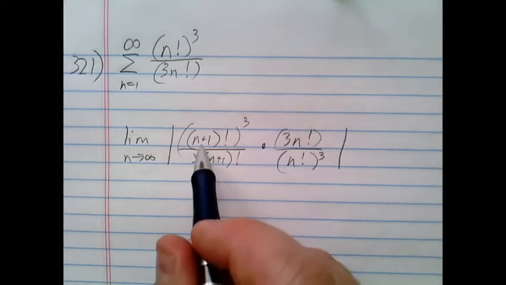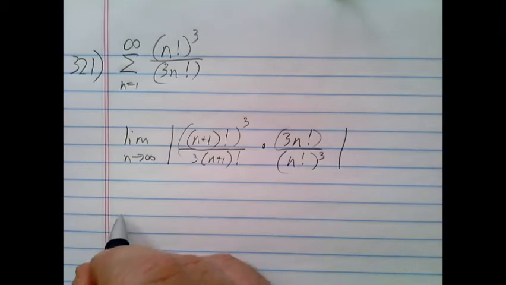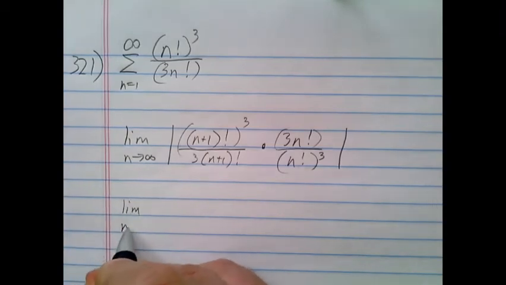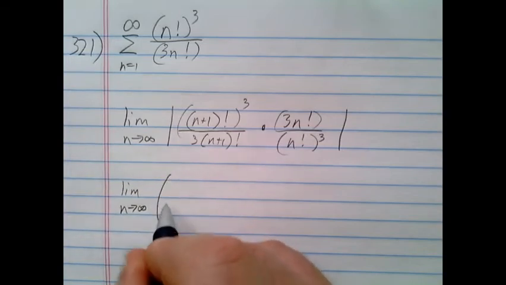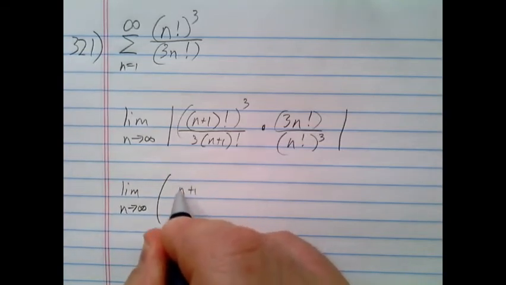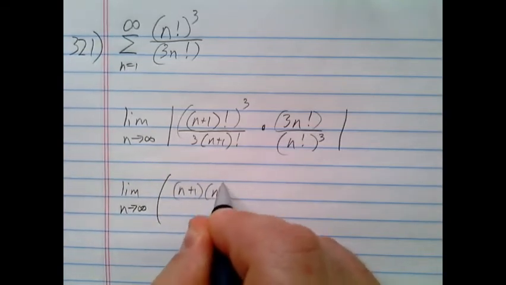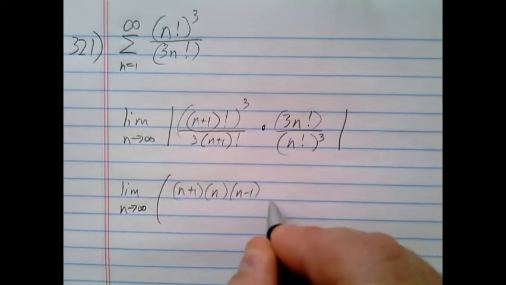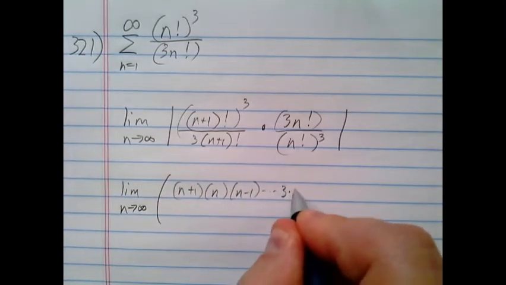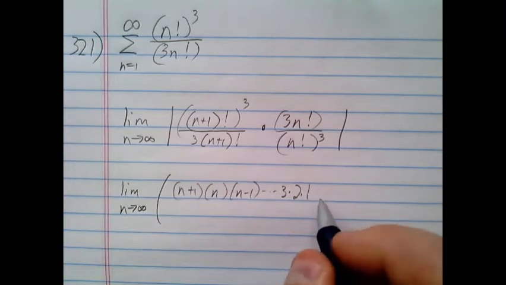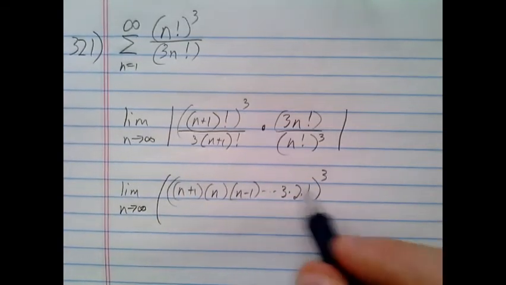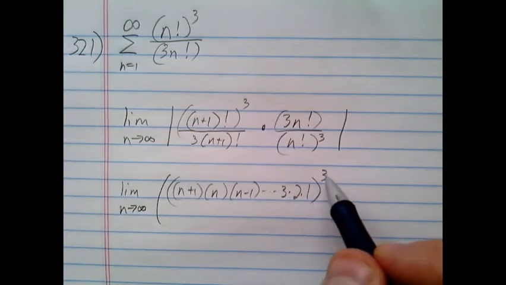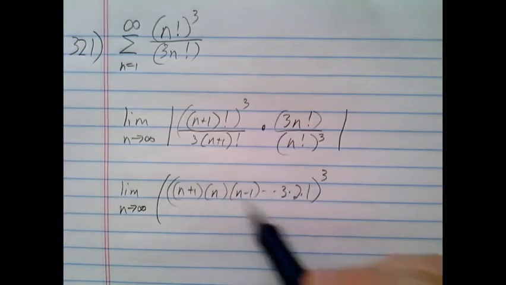Alright, so n plus 1 factorial. Let me see, n plus 1 factorial would be n plus 1 times n times n minus 1, and then all the way back to 3 and 2 and 1. But then that whole thing is cubed. So basically that means all of those factors are cubed, because we know that cubes can distribute over multiplication.